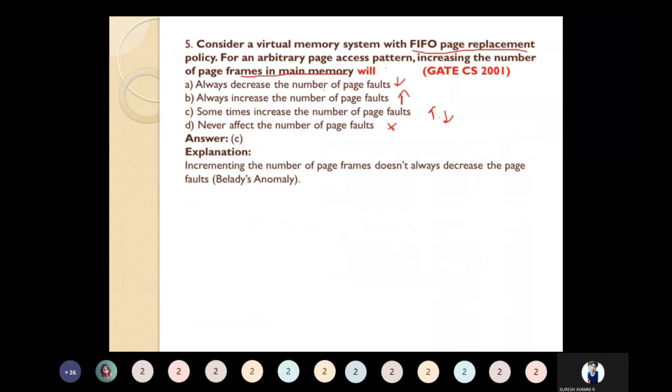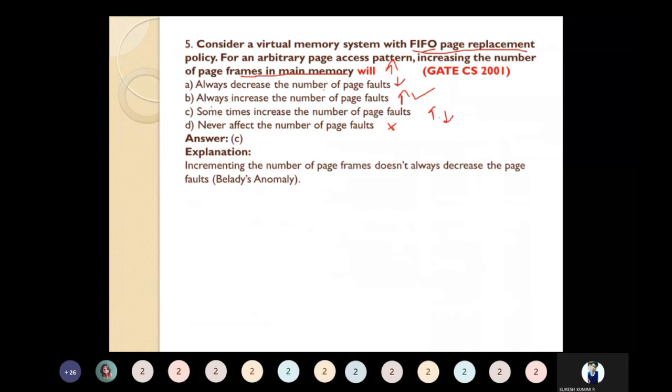This is the option. We already know in the FIFO method, when the page frames increase, the page faults increase. That is choice B.